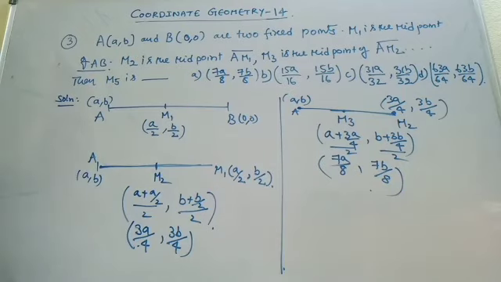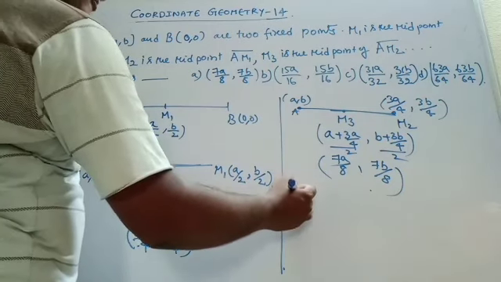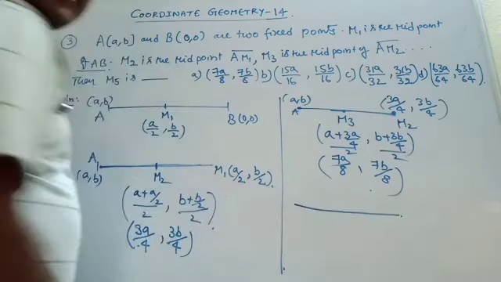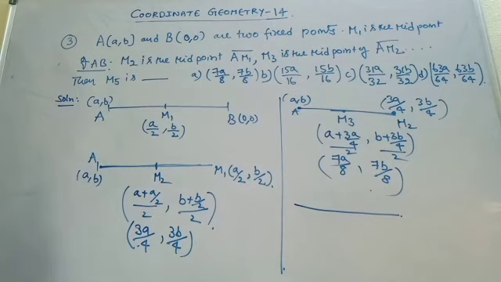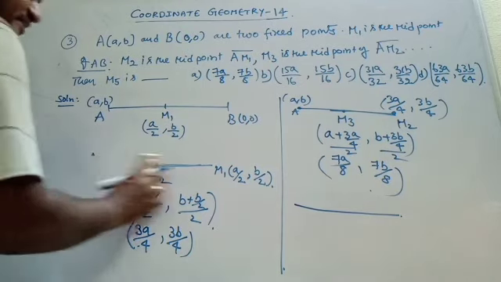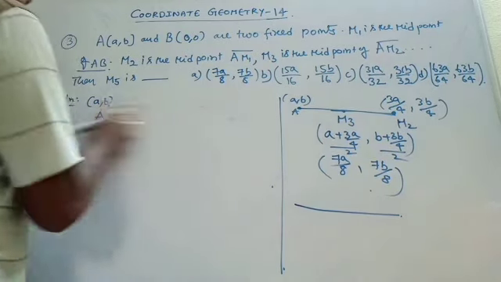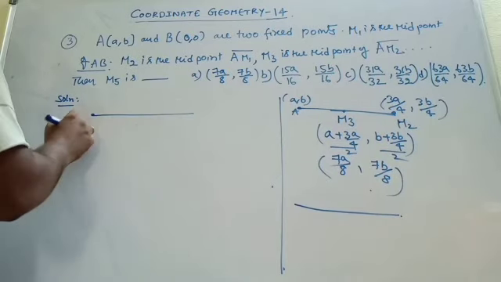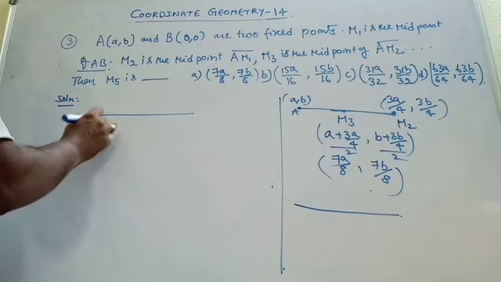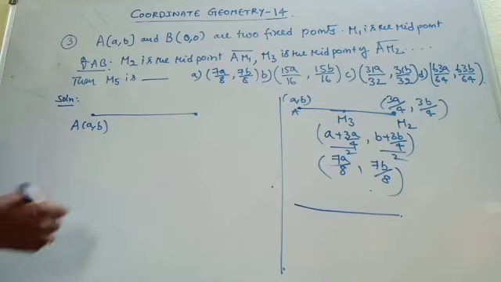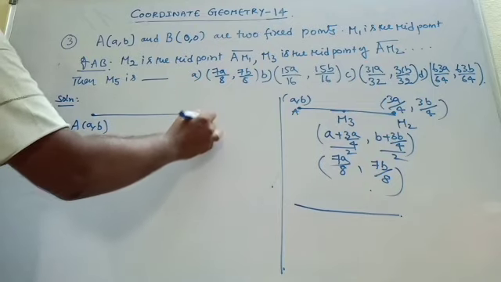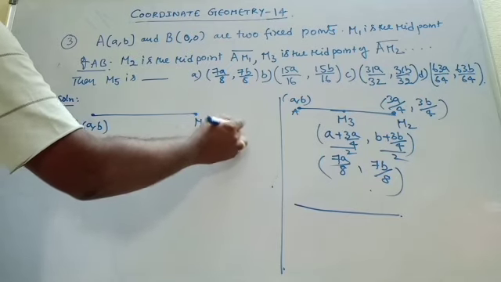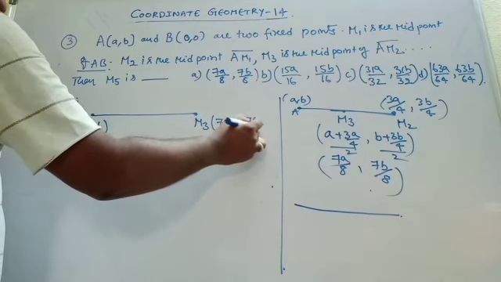We need M5 in this way. Even M4 you can find like this. Now A is (a, b) and M3 we got now, that is (7a by 8, 7b by 8).